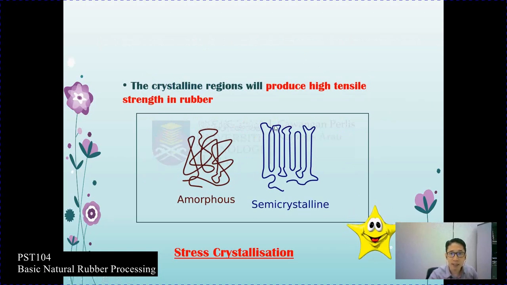When you stretch, they start to align and they form a semi-crystalline structure. This is what we call stress crystallization. So when you stretch the rubber, they will produce stress crystallization. So the structure can be modified and realigned under stress.